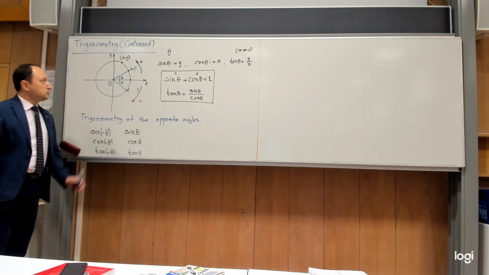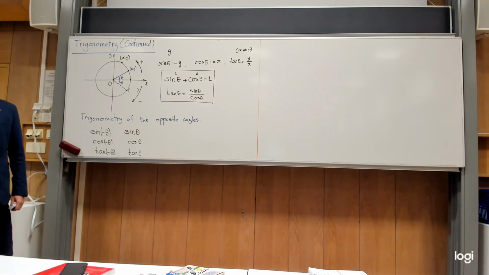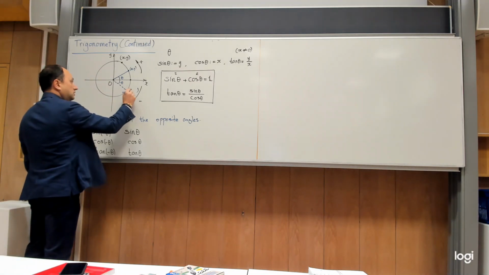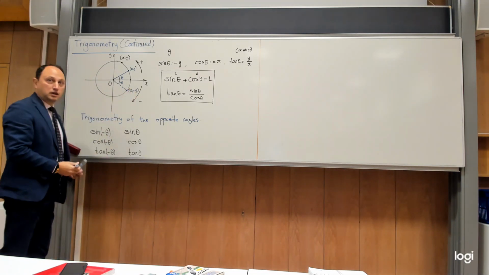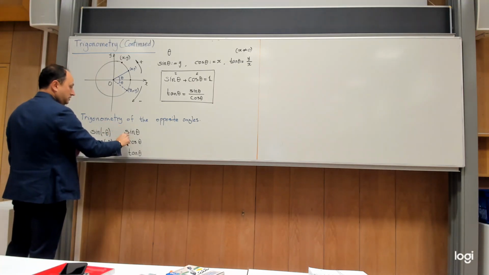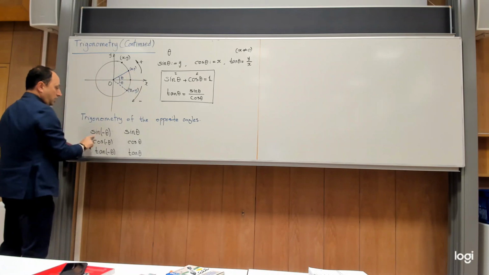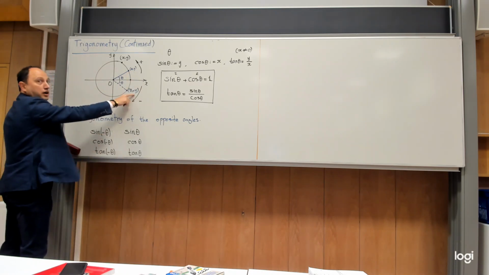Yes? So what would be the x coordinate? It would be the same, x, and then as Amanda said, y would be negative y. So it would be x and minus y. Everyone agrees? Okay, now what do you say about this? Sine theta is y. Sine minus theta is minus y.